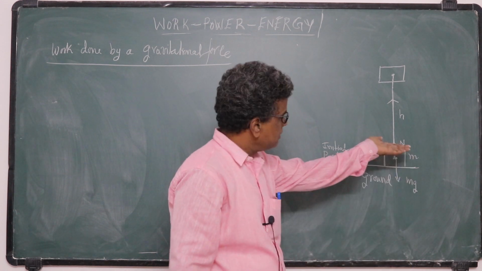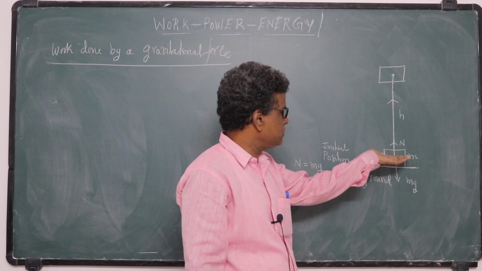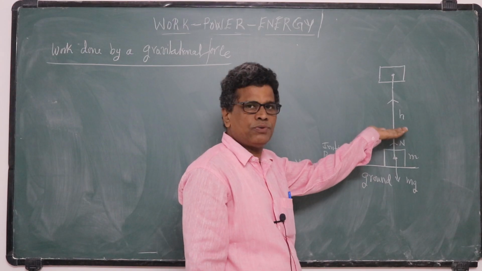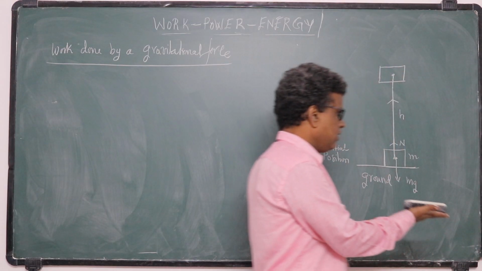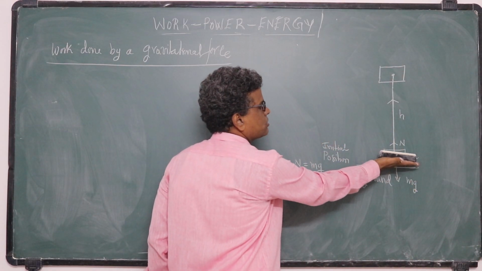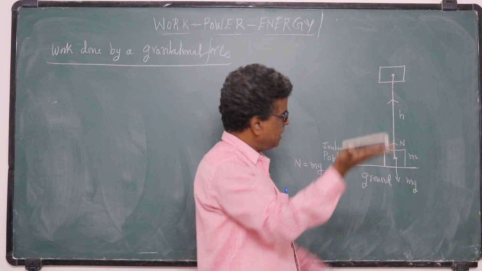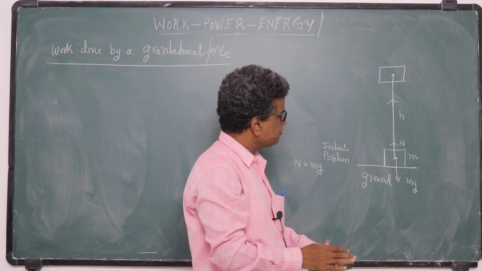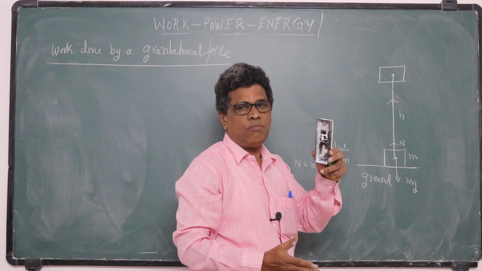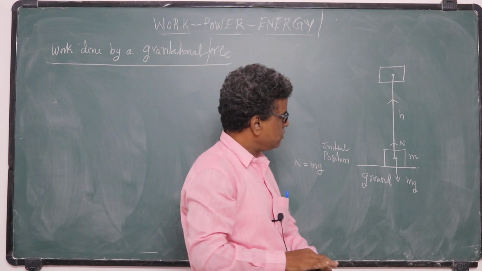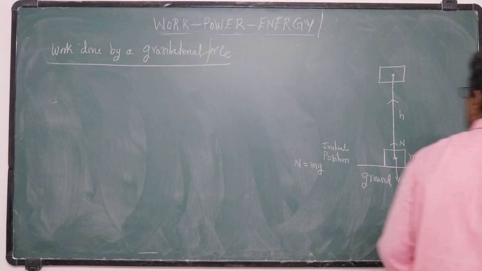Now to lift this object through a height h without acceleration, that means slowly, I apply a certain force against gravity. How much force do I have to apply? Equal to the weight of this box, this duster. So in these cases, how much work should be done?